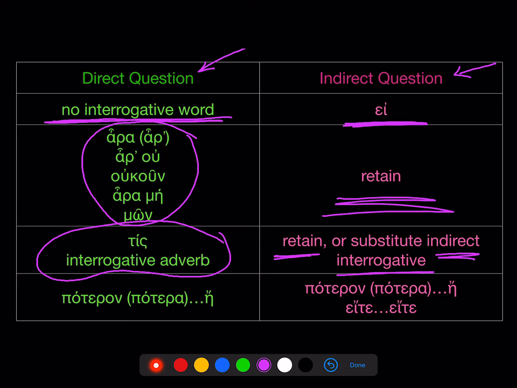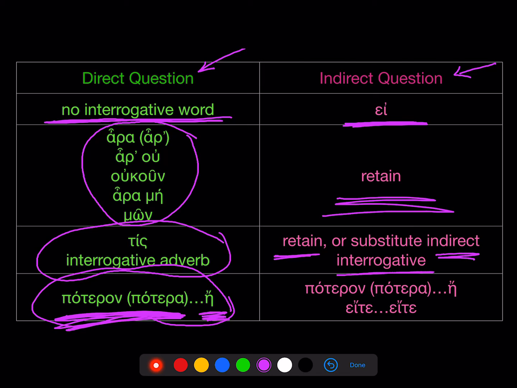If you had an alternative direct question, we haven't talked about this yet, but an alternative direct question, do you want coffee or tea? Right? That's an alternative direct question. In Greek, you might actually have a poteron or a potera, whether, in the first part as well as the or introducing the second part.